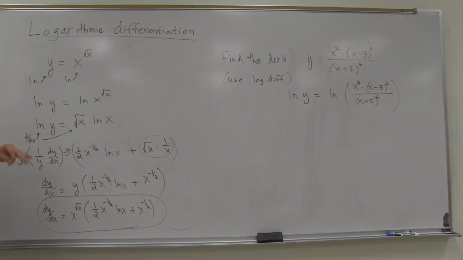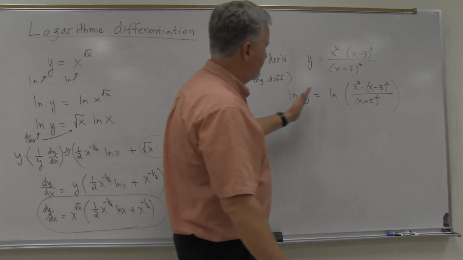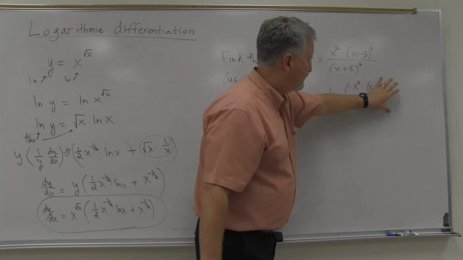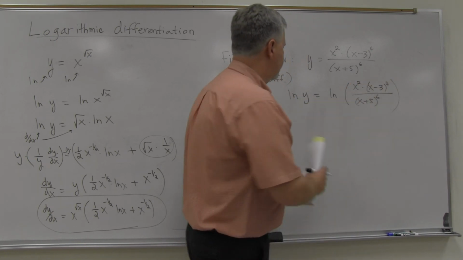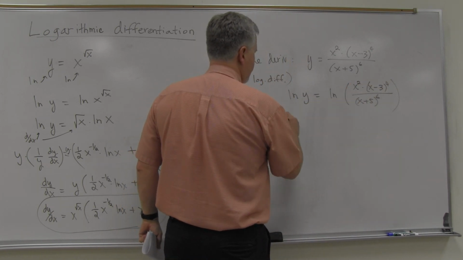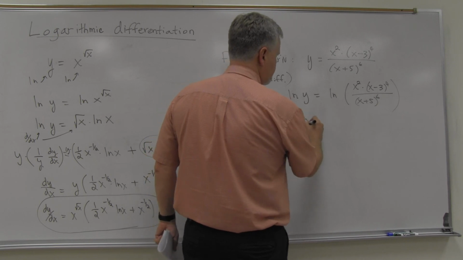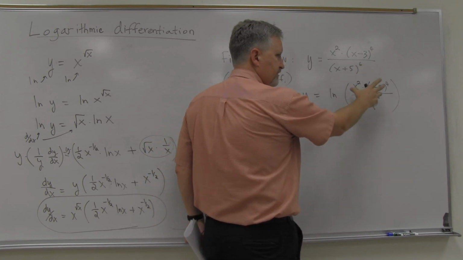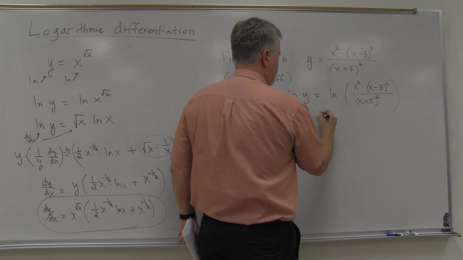All right. So what do we got? So we've got ln of y. So this side now, what we can do with that with the properties of logarithms, you see here, I've got a product, so I can split those up into this.